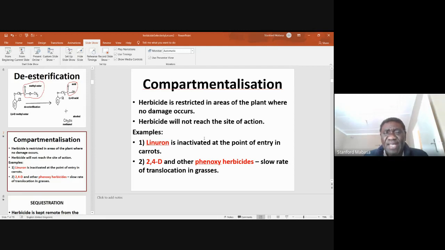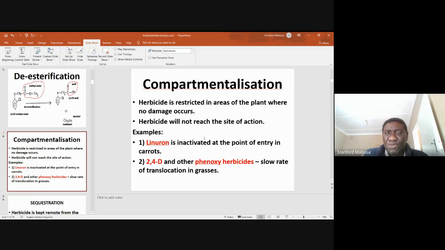This can explain why carrots is not killed by the herbicide called Linuron. Now, Linuron can be inactivated at the point of entry, which means it can be held there. It's not going to move in carrots, but in weeds, it can easily move and kill them.